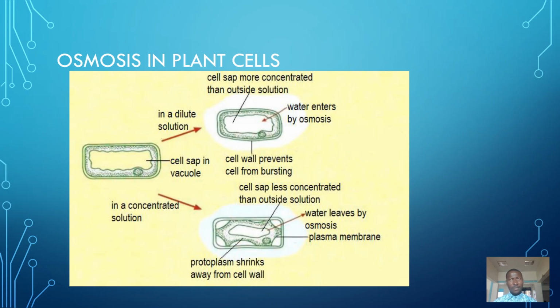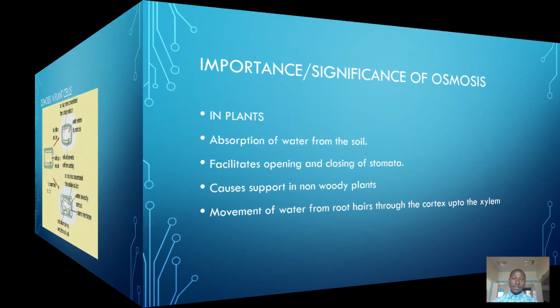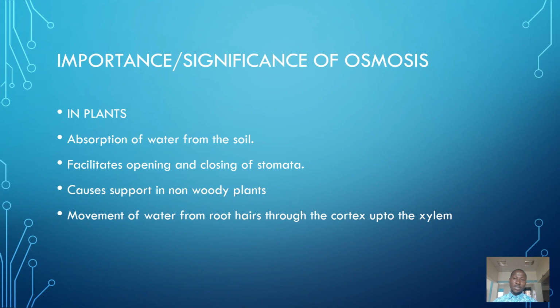Compare it with wilting. Wilting is the shrinking of a plant cell as it is losing water by evaporation, whereas plasmolysis is by osmosis.